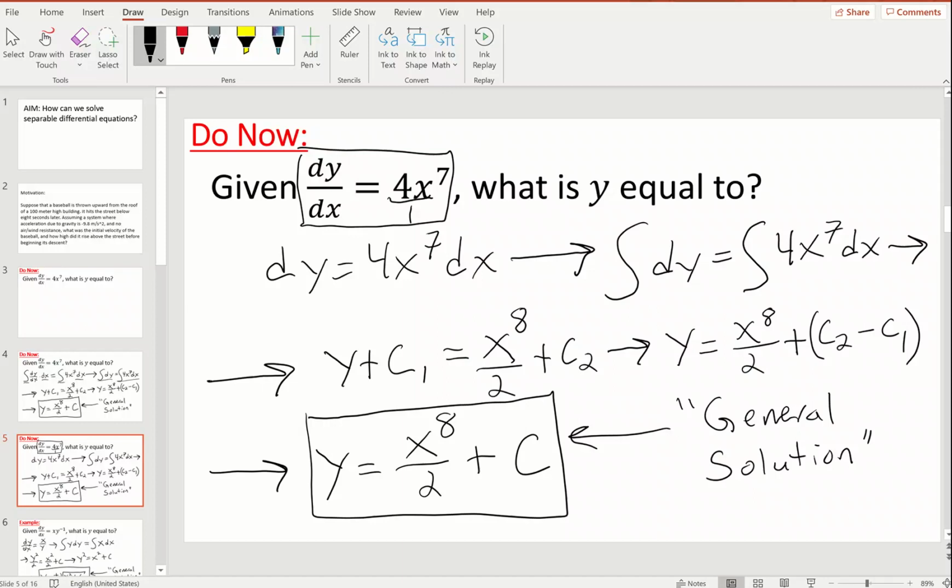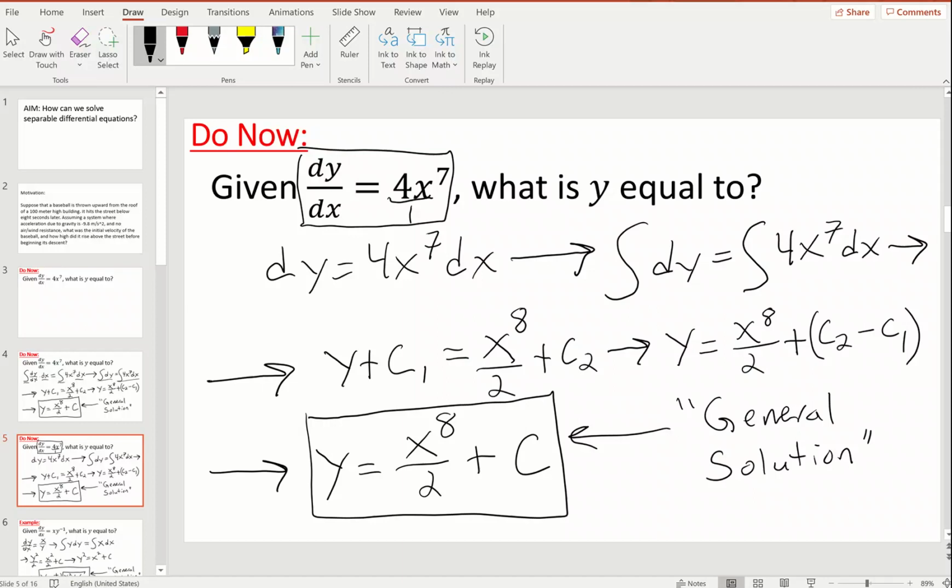And when you were in algebra and you were solving problems like these, you remember you did an operation called cross multiplication. All right, so we can separate the differentials in this particular case and put all the x's and dx's on one side, and all the y's and dy's on the other side.